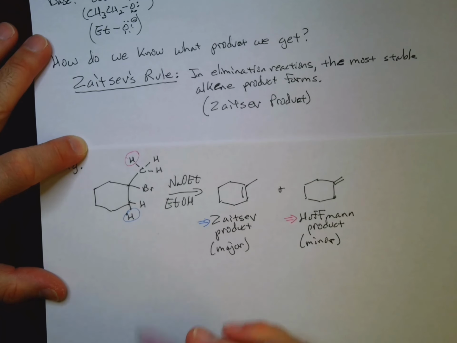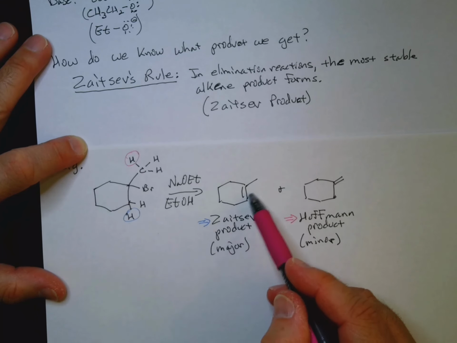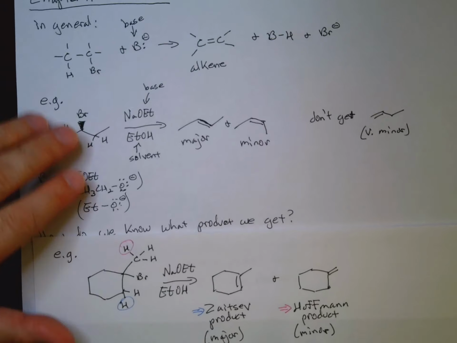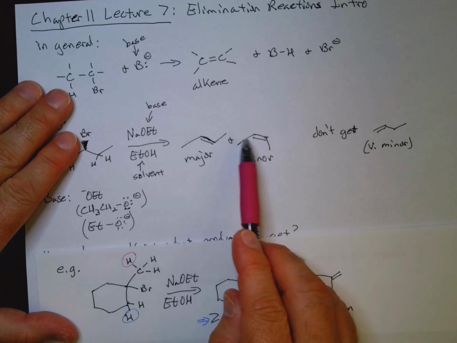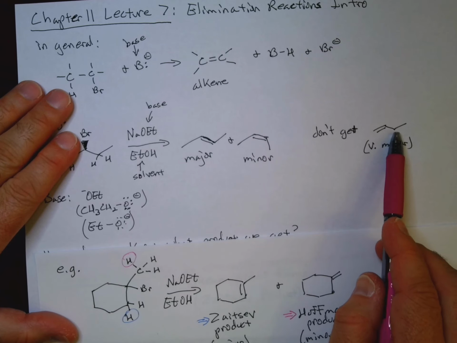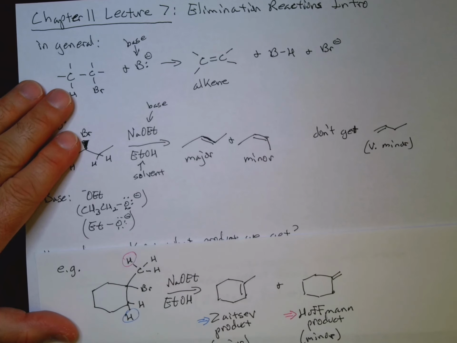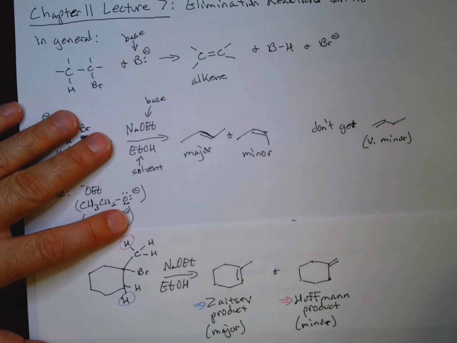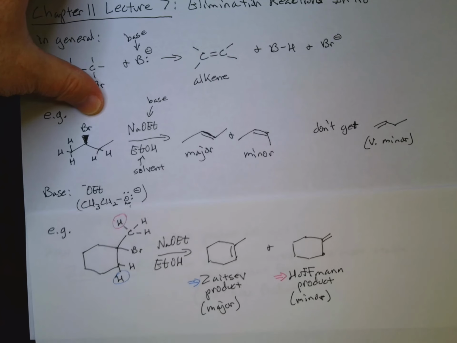We actually have more hydrogens to remove that could give Hofmann. However, the Zaitsev product is the more stable one. Now if we go back here, both of these are Zaitsev products, and this is the Hofmann product. The Hofmann product specifically refers to the less substituted product, if more than one product is possible.